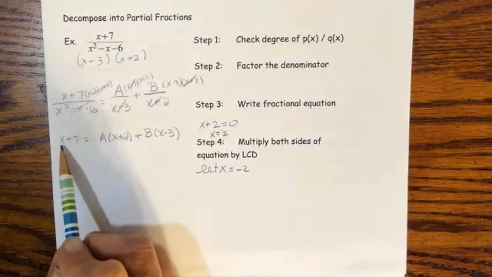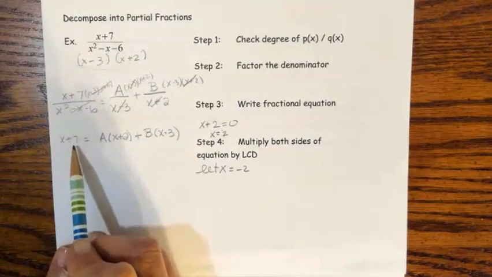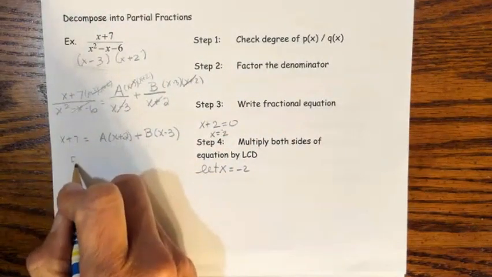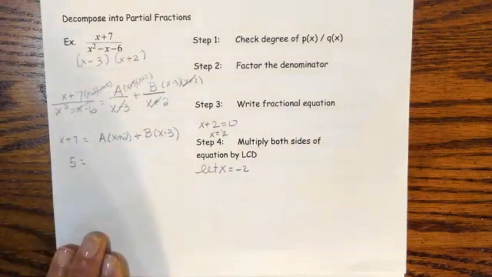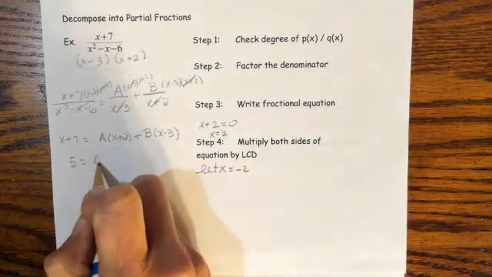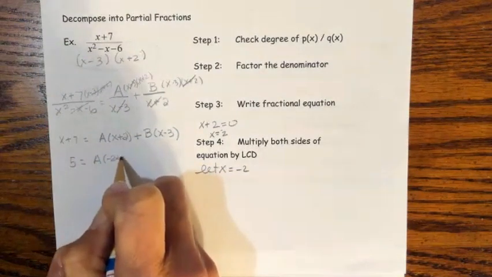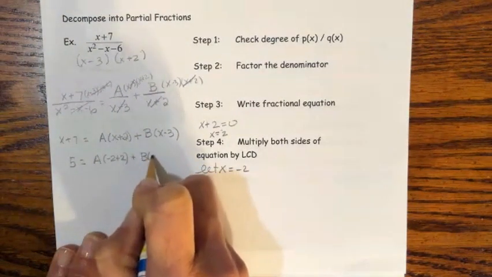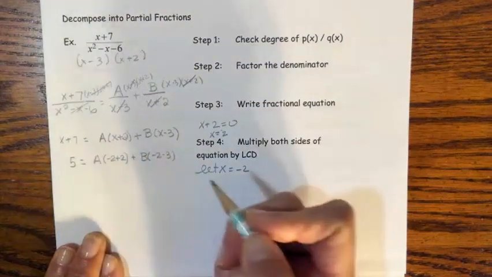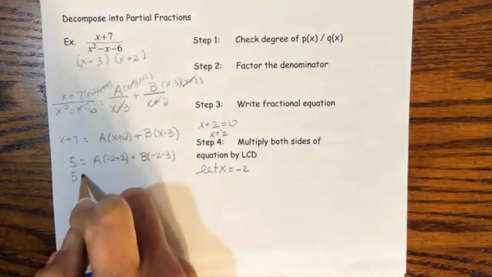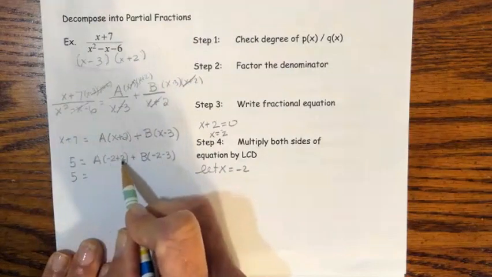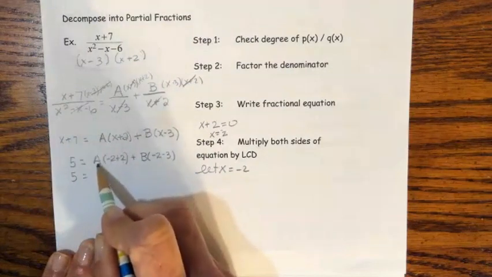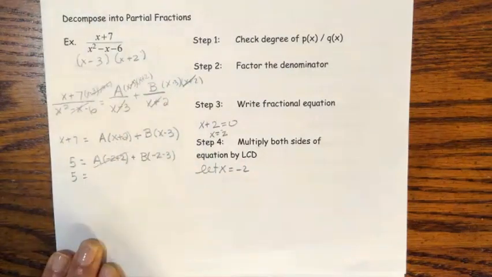So negative 2 plus 7 is 5. And then I have A times negative 2 plus 2 plus B times negative 2 minus 3. So I have 5 equals, negative 2 plus 2 is 0, 0 times A is nothing, so this is gone.